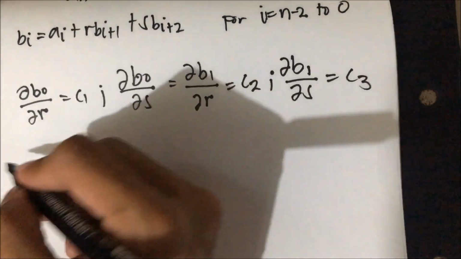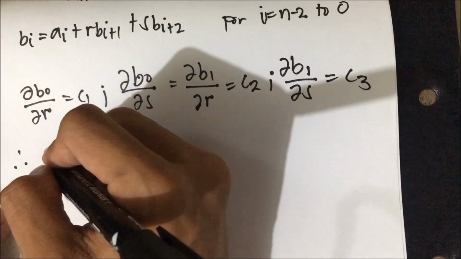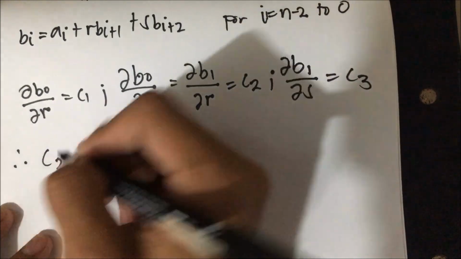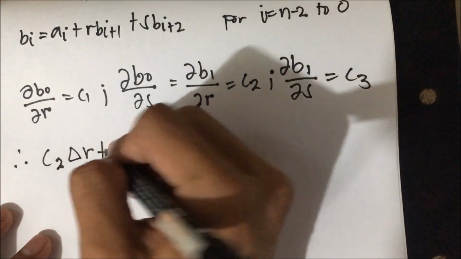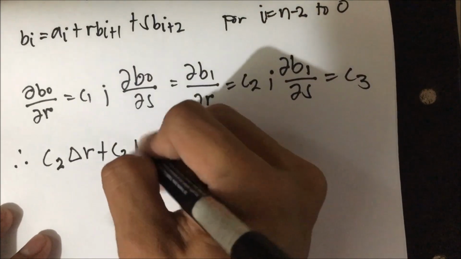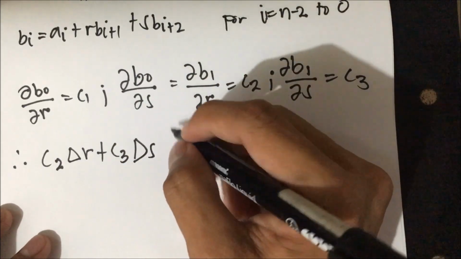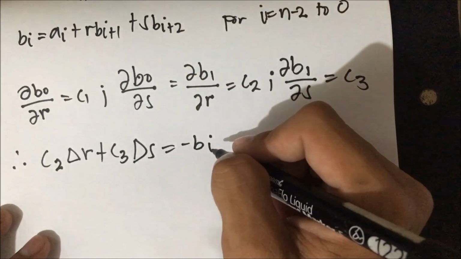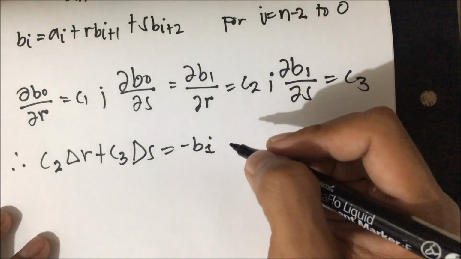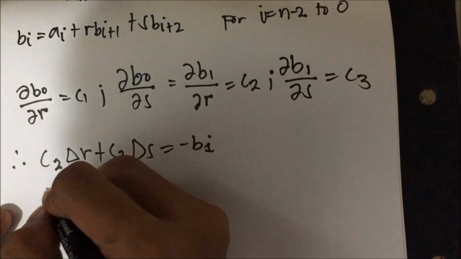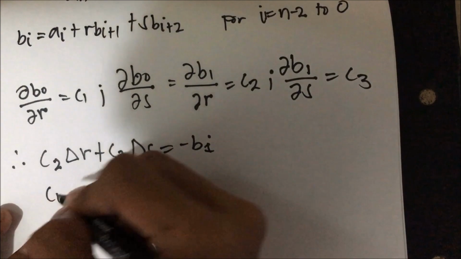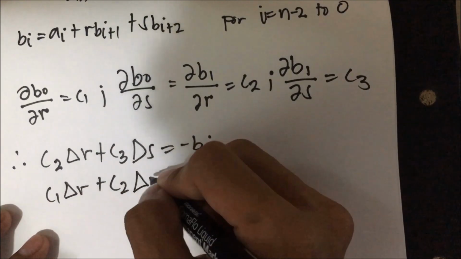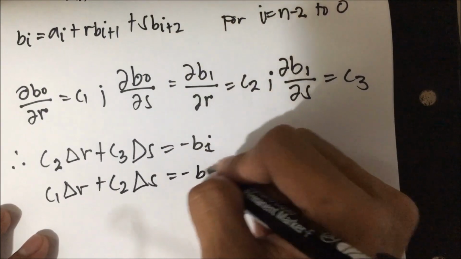Therefore, the system of equations ng c sub 2 delta r plus c3 delta s natin is equals to negative b sub 1, and yung isa naman is c1 delta r plus c2 delta s is equals to negative b sub 0.